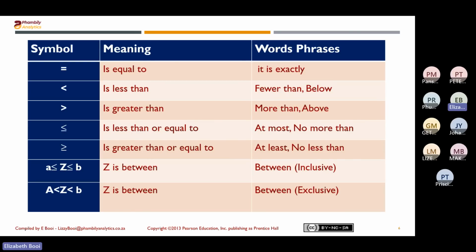But most of the time, they will give it to you as a word phrase, which you need to link to the mathematical function so that you know what the meaning of that function would be. So you need to know what at least means, what at most means, what exclusive means, and what between exclusive and between inclusive mean. All of them are very, very important.